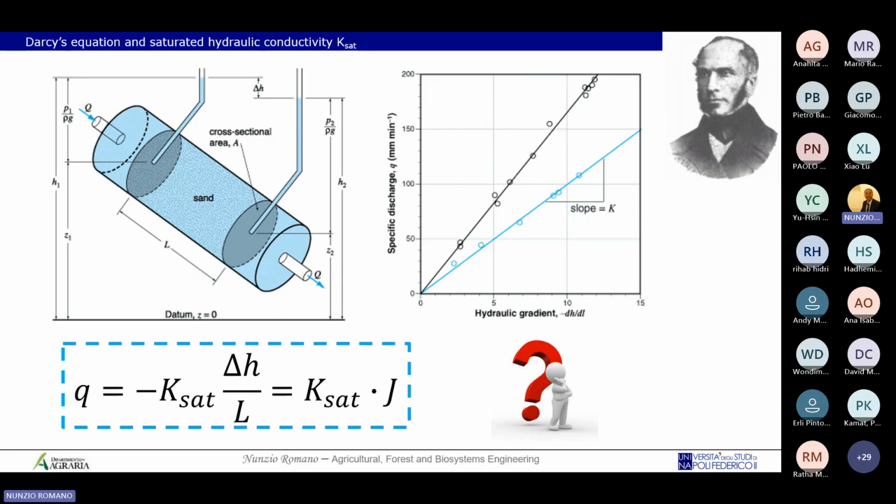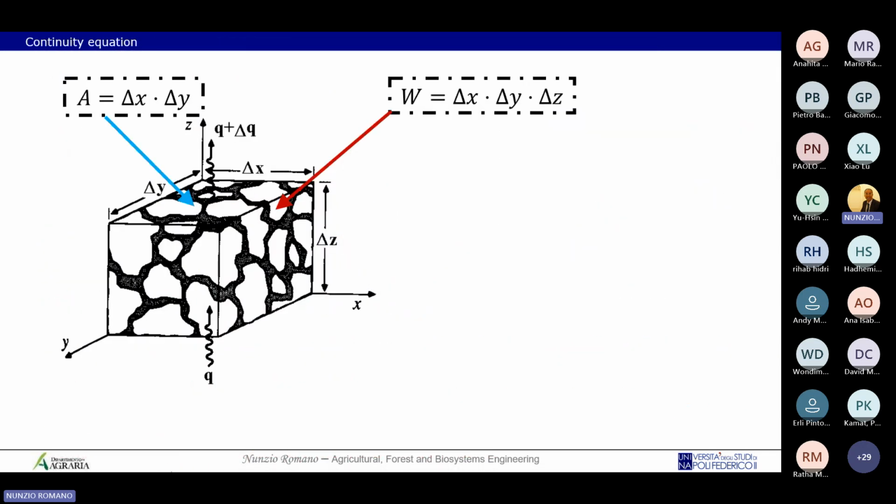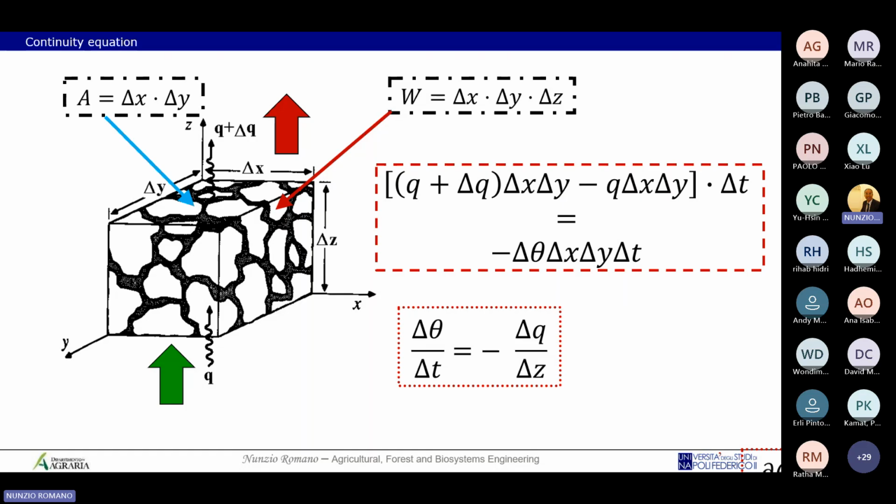The physical meaning is that the flow is in the sense opposite to the gradient, the derivative of the total potential. This is something of mathematics and is important.